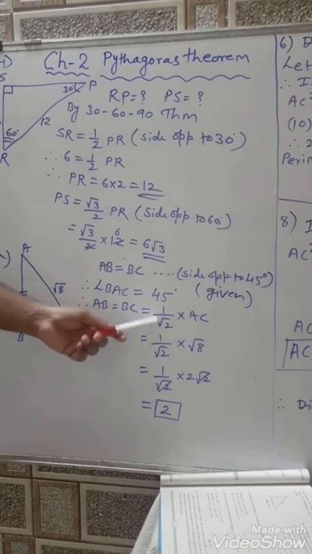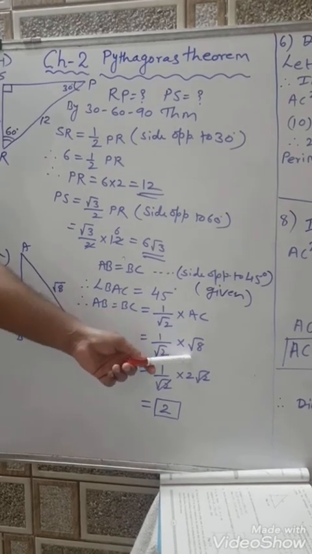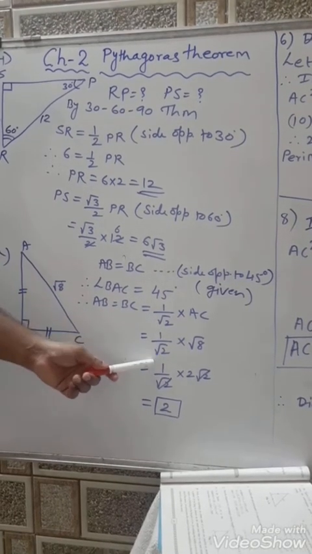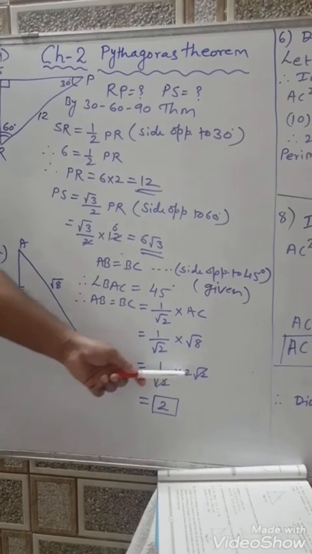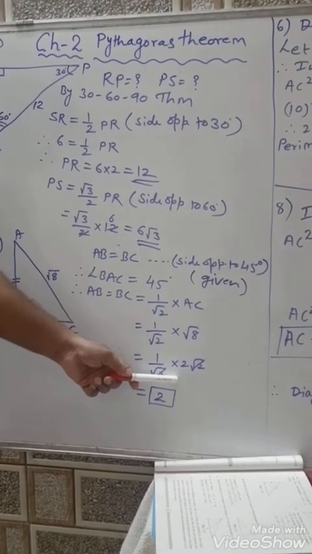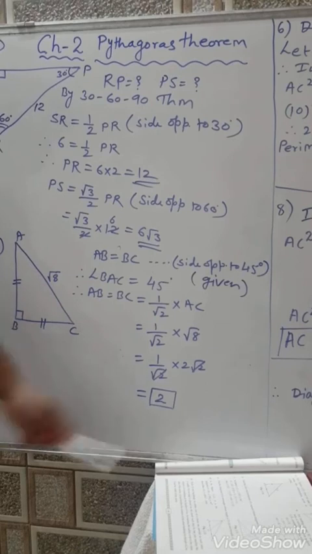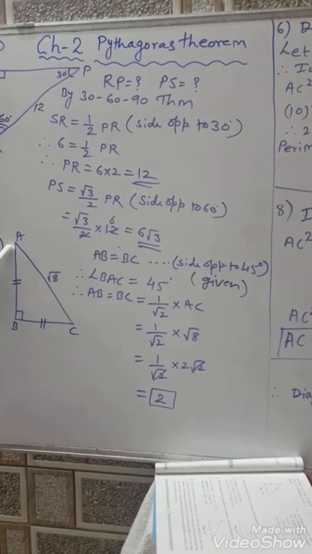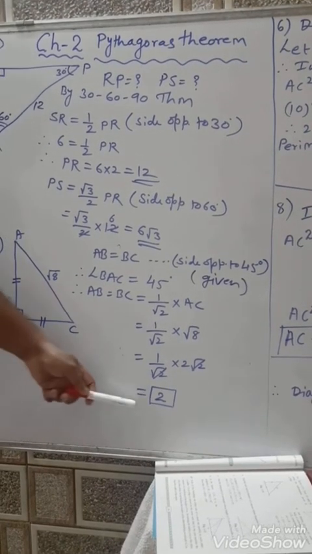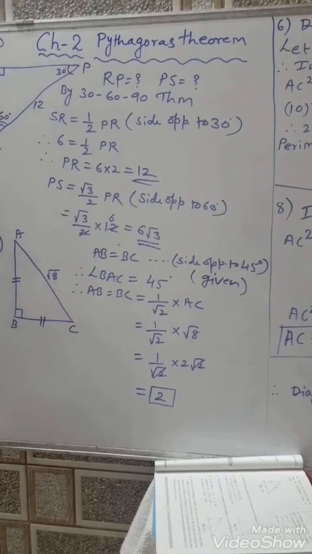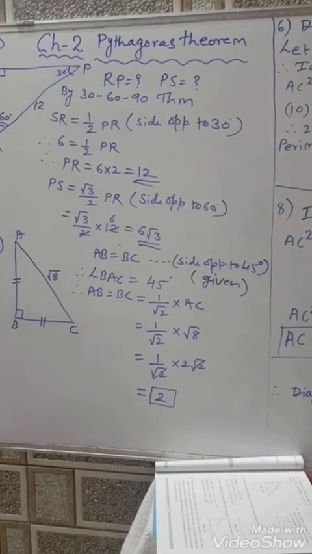So 1 upon square root 2 into AC, which is root 8. So 1 upon root 2 into root 8. Here root 8 is 2 root 2, and root 2 cancels. 2 multiplied with 1, you get 2. So AB and BC are 2. This way we find the fifth one.